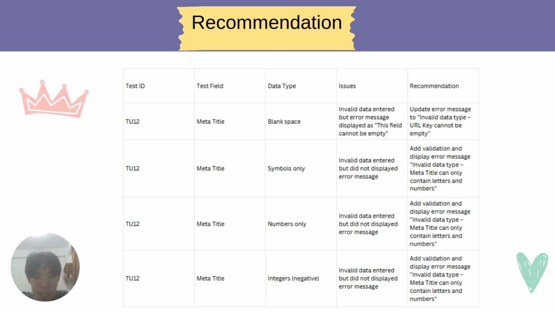For the integer, invalid data is entered but no error message is displayed, and my suggestion is to add the validation and display the error message: invalid data type, meta title can only contain letters and numbers. Same for the other data types, which need the error message updated.